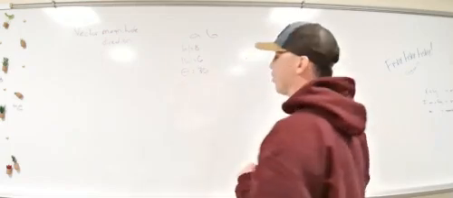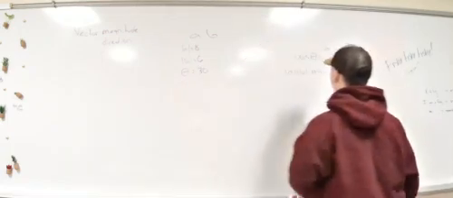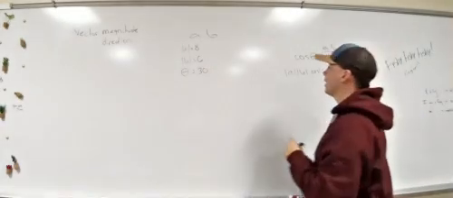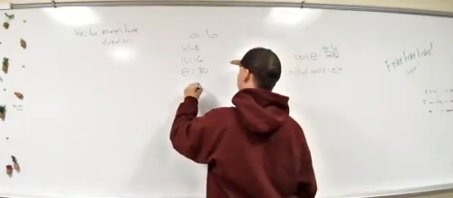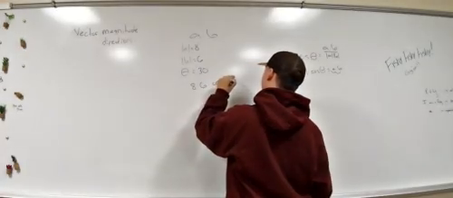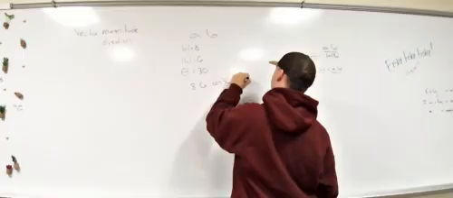So let's go back to the equation. If we want to find A dot B, it's just going to be the magnitudes 8 times 6 times cosine 30, which is equal to A dot B, our answer.